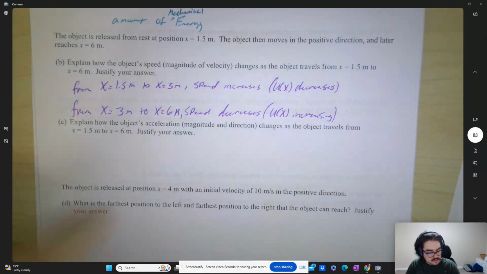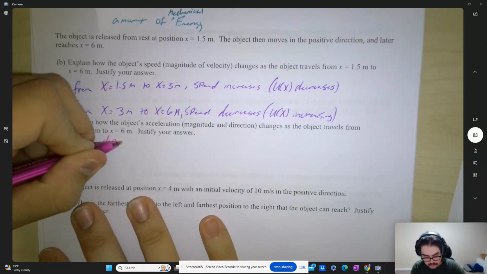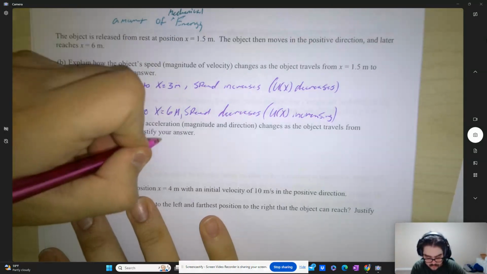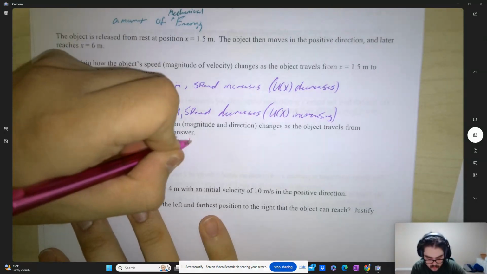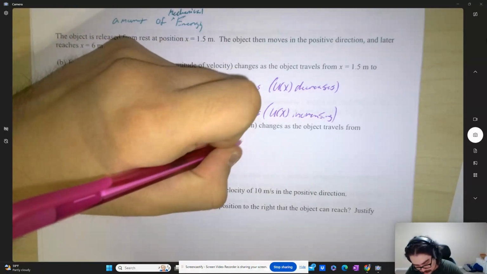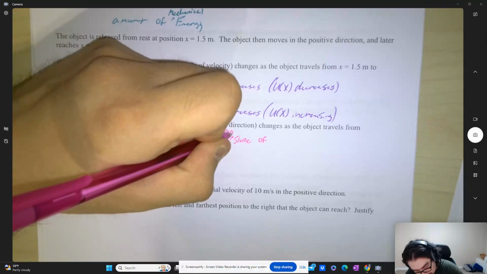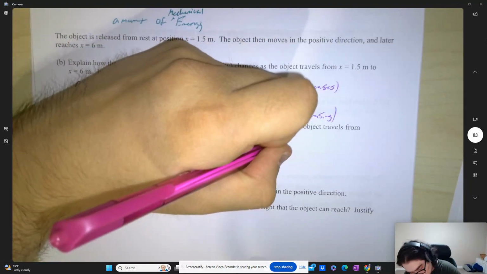Okay. How about the acceleration? Well, it's important to note that acceleration depends on force, okay, which is slope, or which is, I guess, negative slope. Sorry, negative slope of U versus x. Okay.